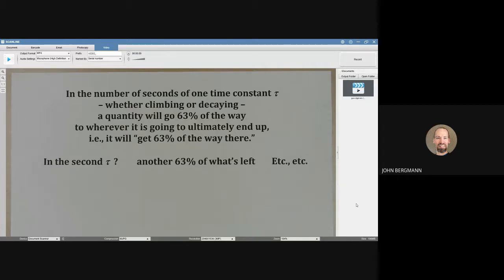It'll either rise to 63% of its value if it's climbing, or it's going to fall to 37% of its initial value if it's a decaying graph. And in the second time constant, it's going to go another 63% of what's left, and so on and so on.